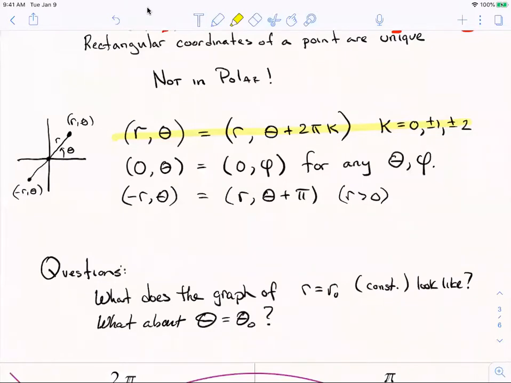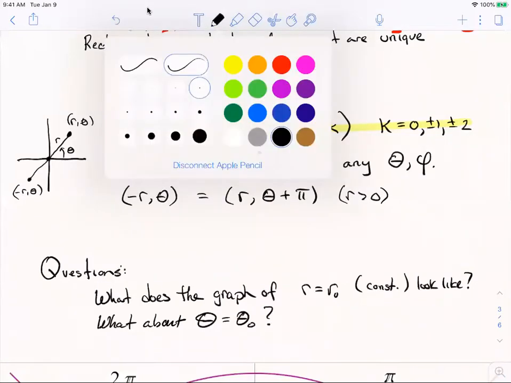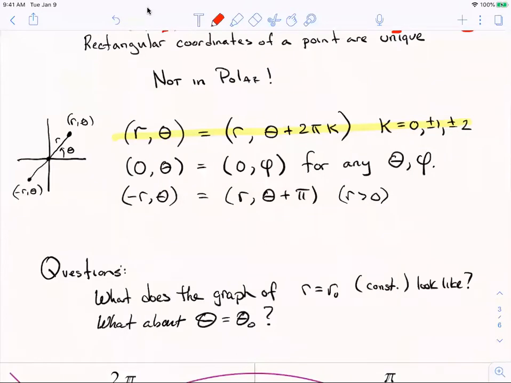If you visualize this point r theta, I've drawn it there for you in the plane. If you increased theta by a whole number multiple of 2 pi, I've drawn theta in the picture, let me show you theta plus 2 pi. Well, you go all the way around. Theta plus 2 pi locates the same point.